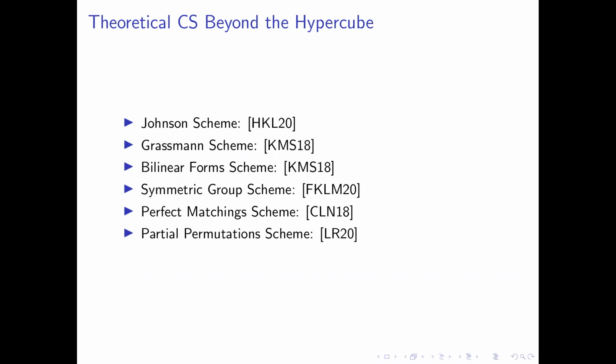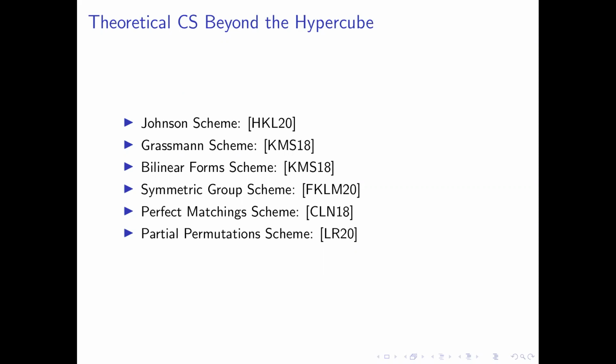These results are from the theoretical CS literature, and they're using the Johnson scheme, the Grassmann scheme, the bilinear form scheme. So there's just been a lot of interest in the theoretical CS community to move beyond the hypercube, but yet continue to do these Fourier analytical Boolean function type arguments.